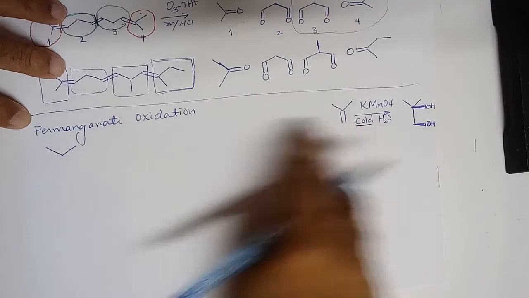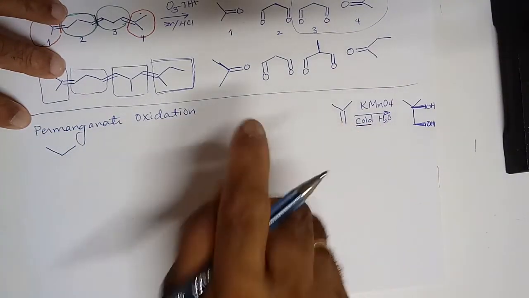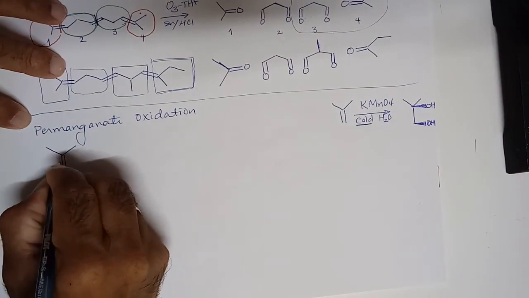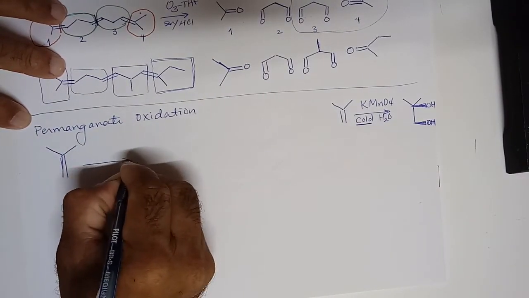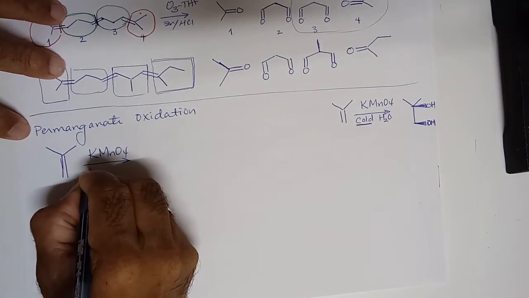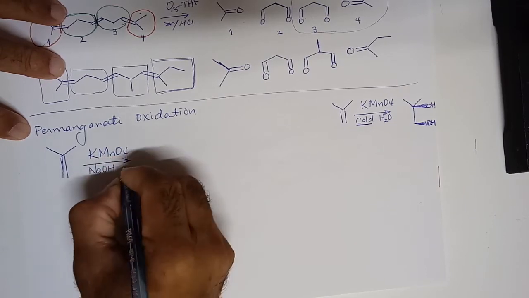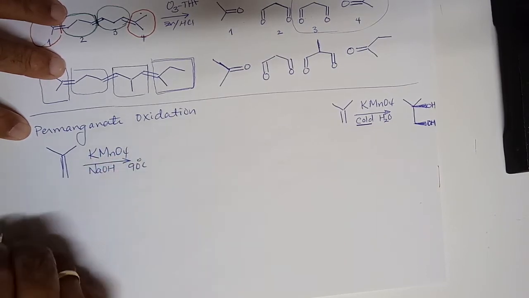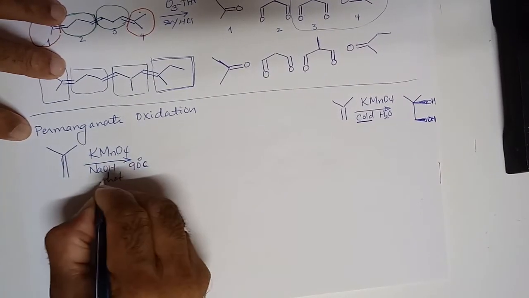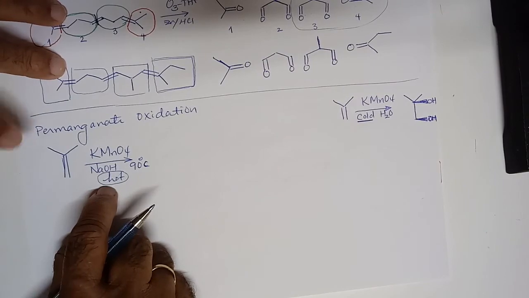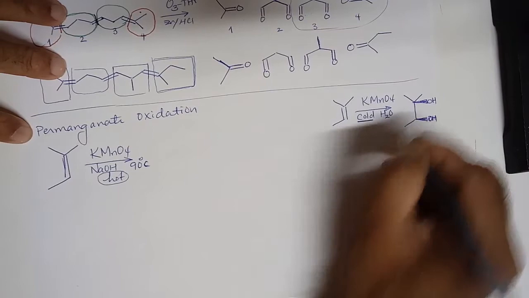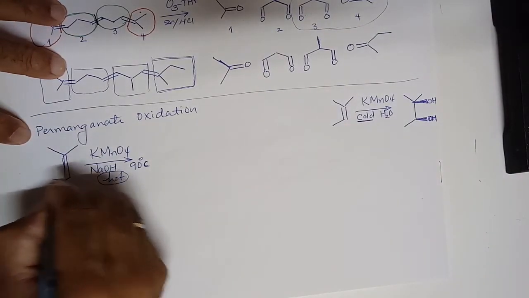So this is a complication in your test prepping, because permanganate may look the same, but now if you use, say, sodium hydroxide or HCl at 90 degrees Celsius, hot, now what happens is cleavage.